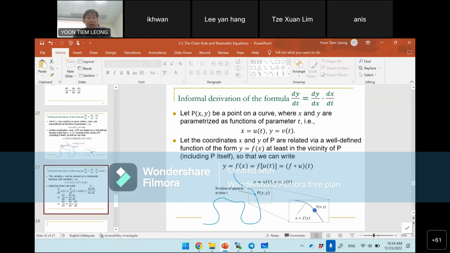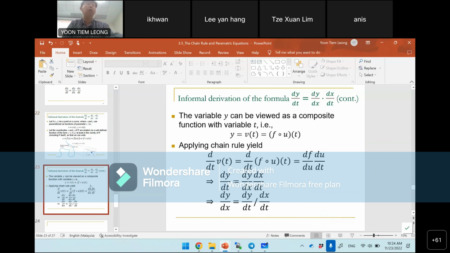In the exam, of course, most of the time you will not be asked to derive this formula. Like usually people just memorize the formula.